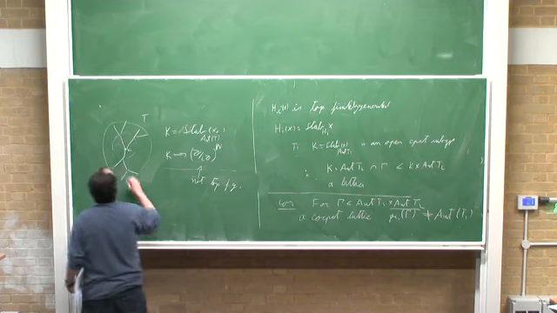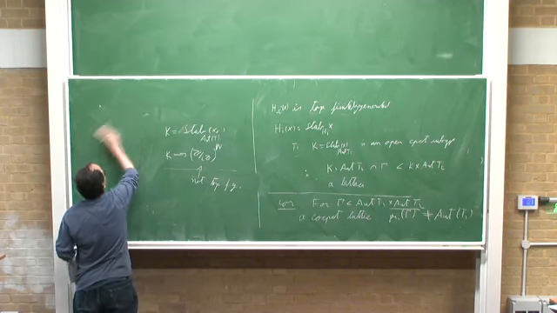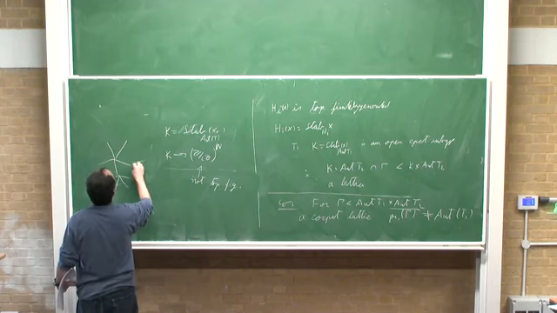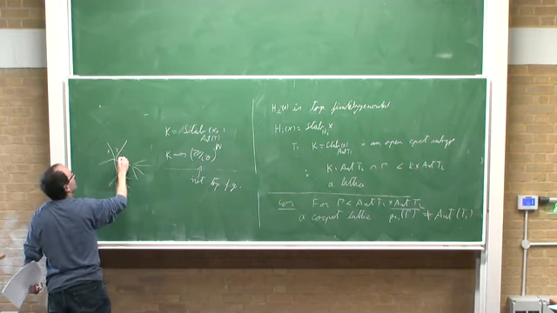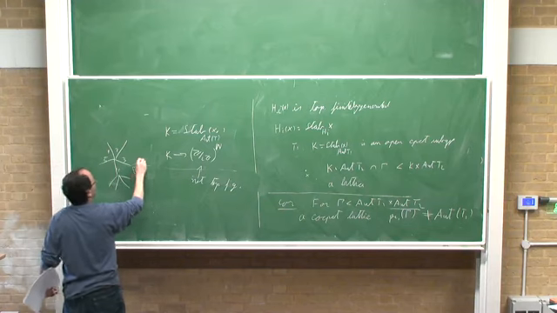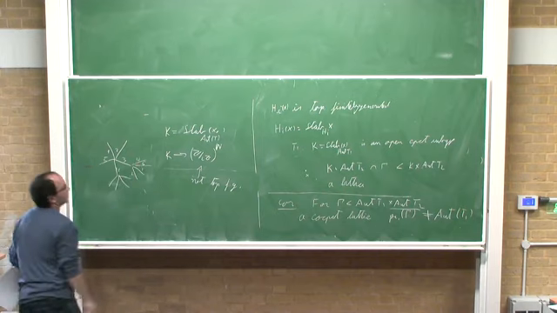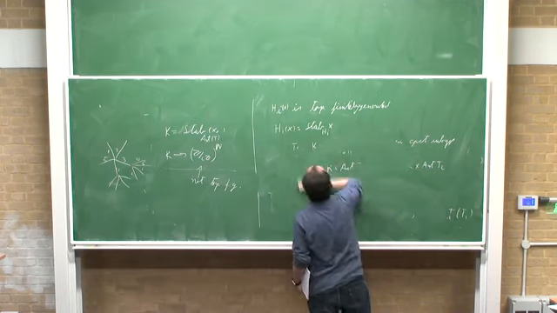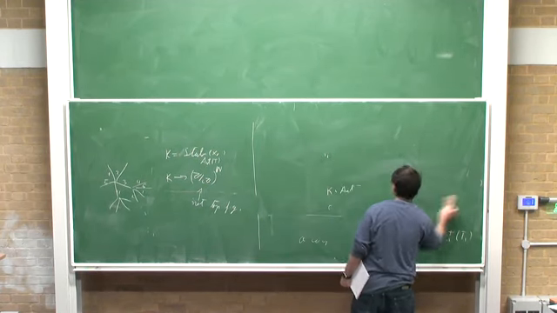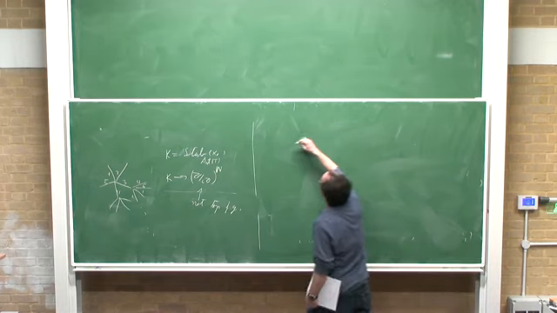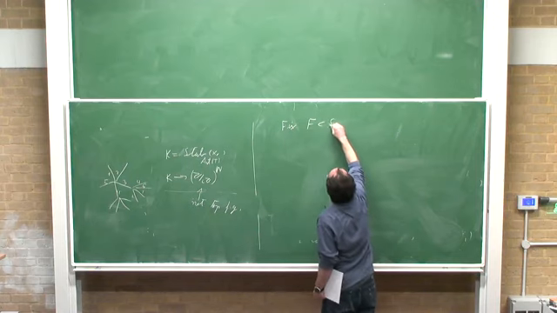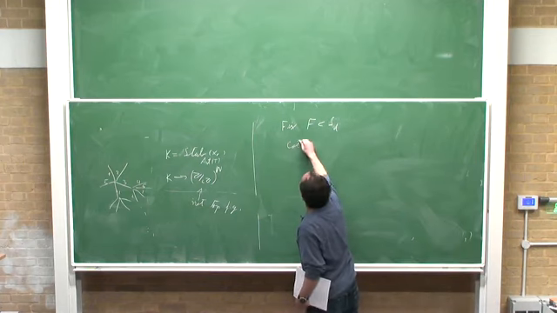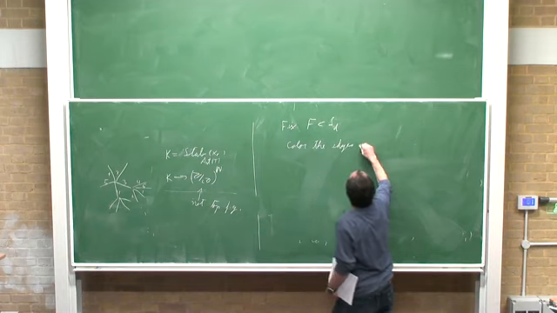Suppose we have a regular tree, and color the edges by D colors. Let's fix some permutation group F on D elements, and color the edges of the D-regular tree.